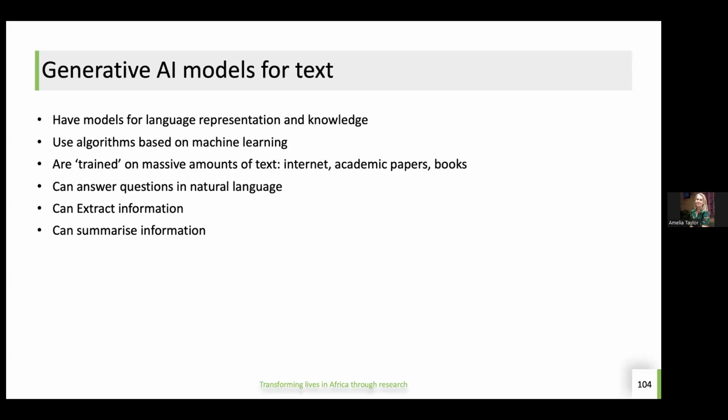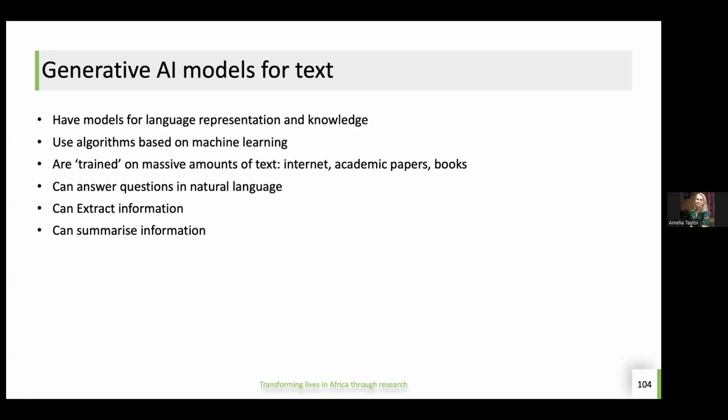So this generative AI that we saw for text, because there's also generative AI for images, these are a type of natural language processing, and we call them models, and they represent language and knowledge. And they have algorithms that are based on machine learning.